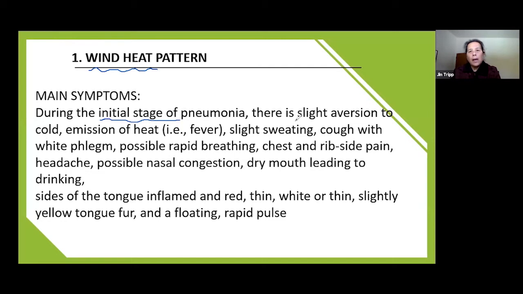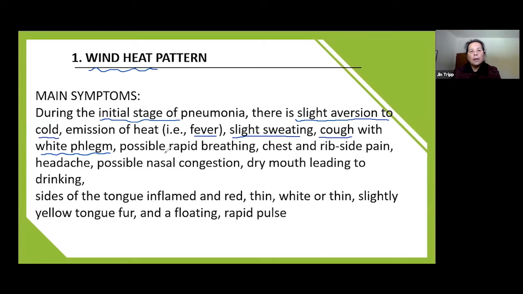So they still have some EPI condition there: slight aversion to cold and fever, and maybe slight sweating. And then people cough. From the beginning, there's still white phlegm coming up.